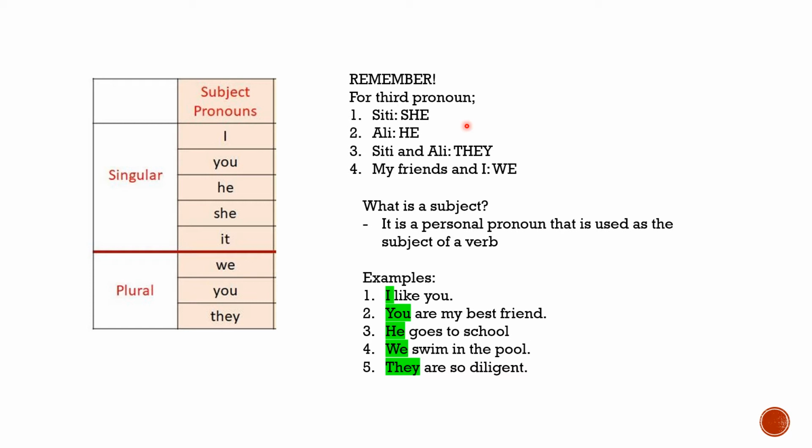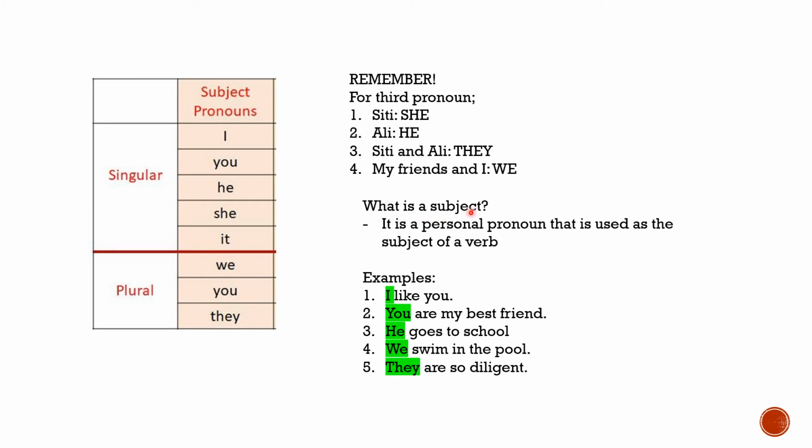And number 2, Ali, the personal pronoun for him is he. When there are two people, Siti and Ali or Ali and Abu, you can use the third person pronoun they. And the last one, my friends and I, includes yourself, you use we. So you need to remember all of these before you learn subject pronouns and also possessive adjectives. Now let's continue.